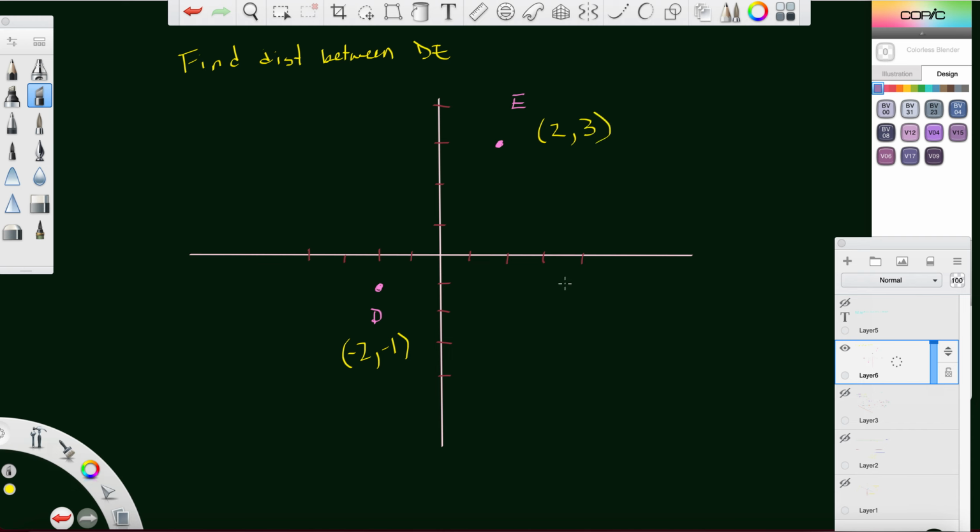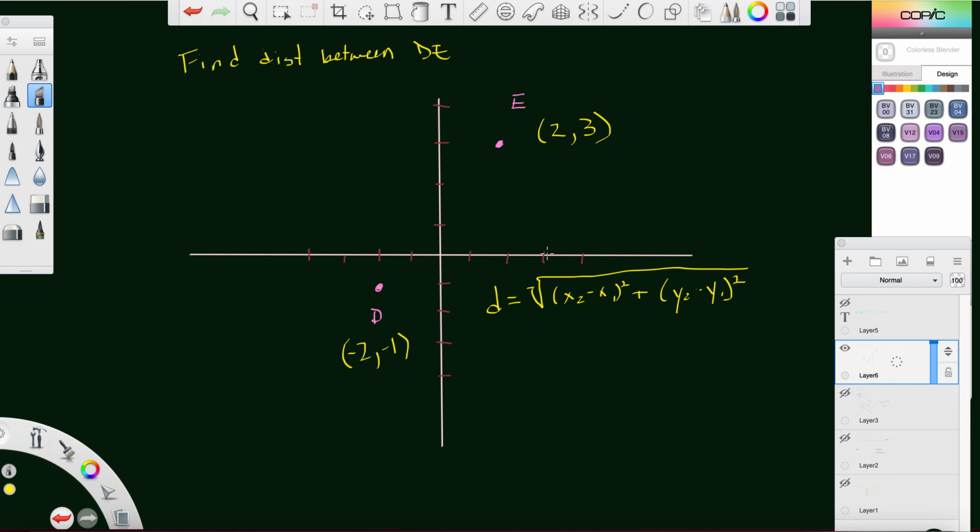And so if we take our distance formula, which is the distance equals the square root of x2 minus x1 squared plus y2 minus y1 squared.